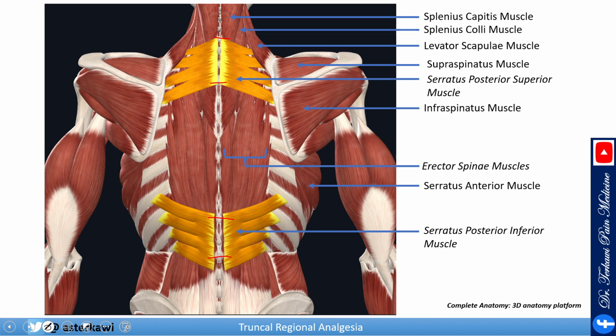This muscle is innervated by the 9th to 11th intercostal nerves and the subcostal nerve, and it works as a depressor. It depresses the ribs, the opposite of the serratus posterior superior, which elevates the ribs. And here we see part of the internal abdominal oblique muscle.